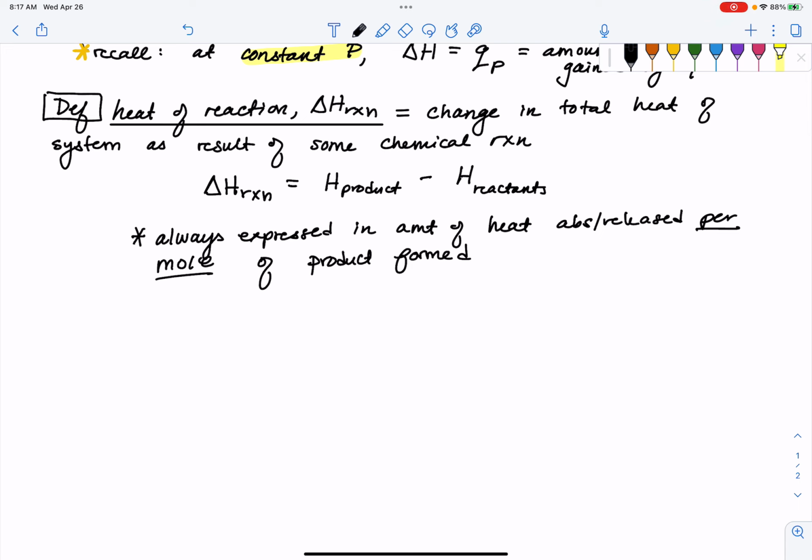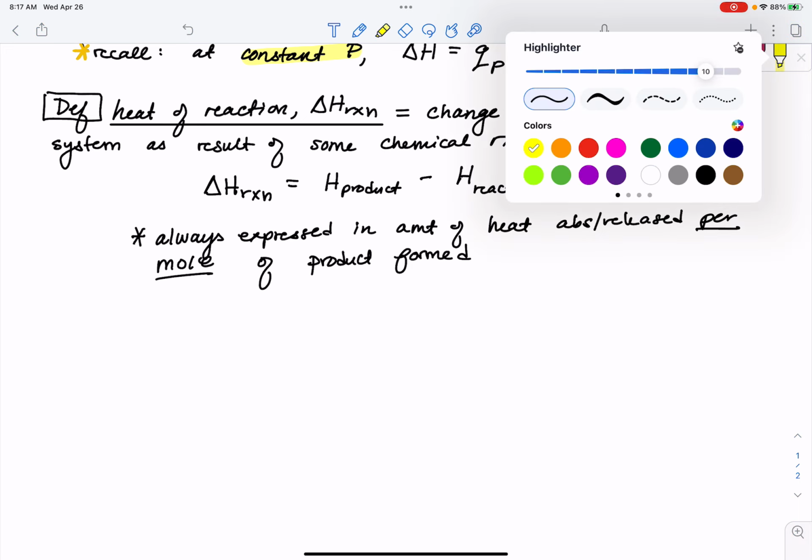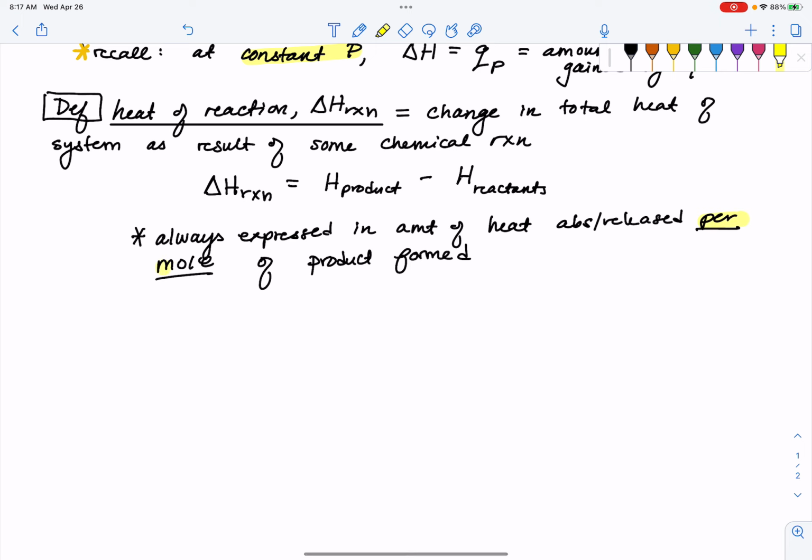So that means that our unit, if we're talking about a heat that is absorbed or released per mole, is going to be joules per mole. Or if we absorb or release larger amounts of energy, could even be kilojoules per mole.